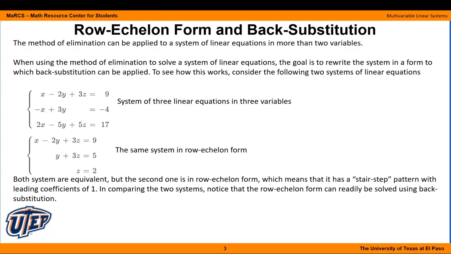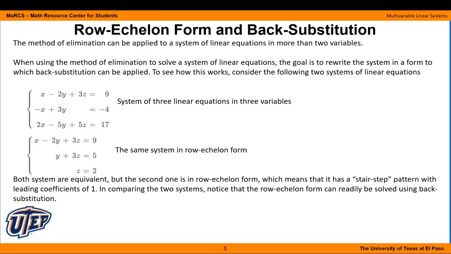The elimination method we learned earlier can be extended to systems containing more than two variables. Our objective is to transform a system into row echelon form. A system is in row echelon form when it has a stair-step pattern. Notice the second system shown in the slide. The first equation contains x, y, and z.